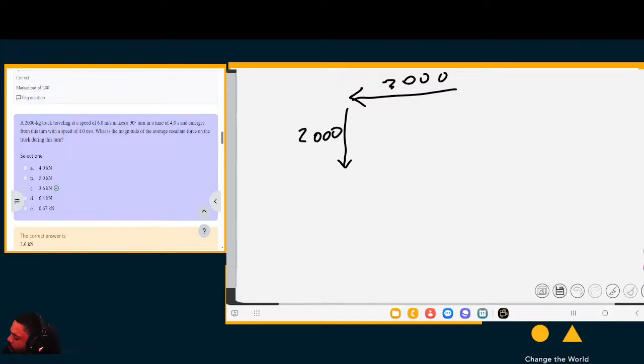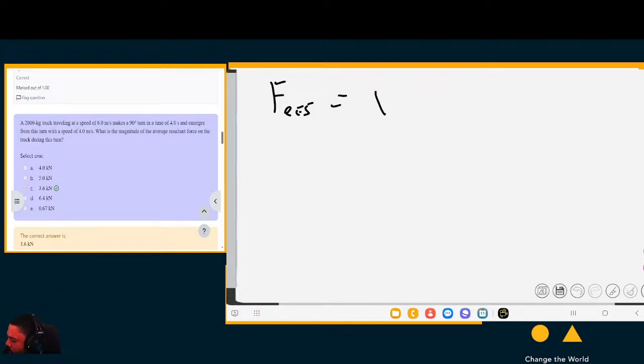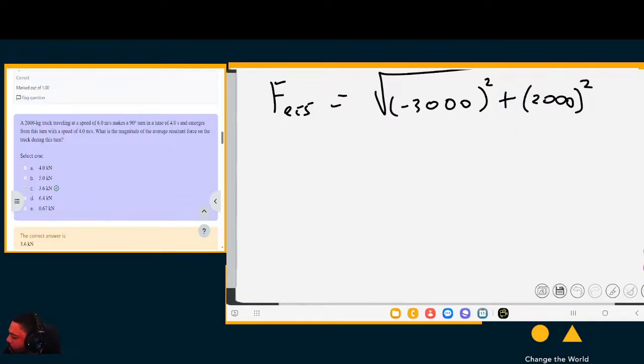So the resultant force would be pointing in this direction. That's the resultant force. We want that force. So the average resultant force is equal to the square root of the force in the x direction, negative 3,000 squared, plus 2,000 squared.